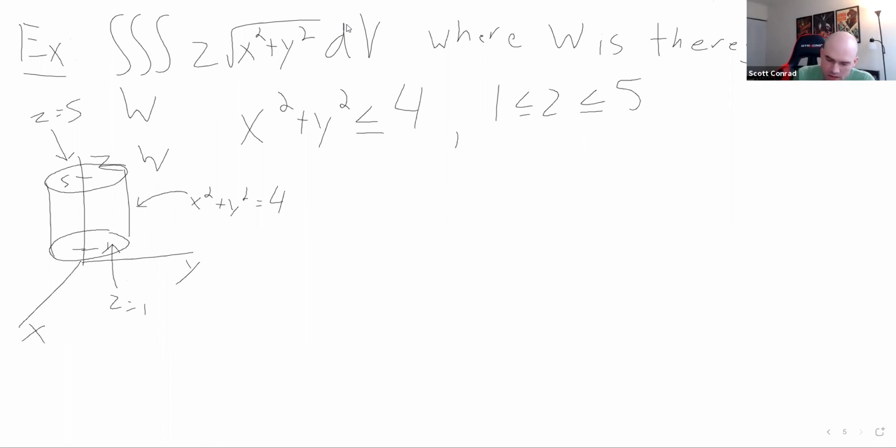Okay, so first, let's find the bounds for z, and then project down to the xy plane, and then find the bounds for r and theta, like we do for polar. That's how I like to do these.